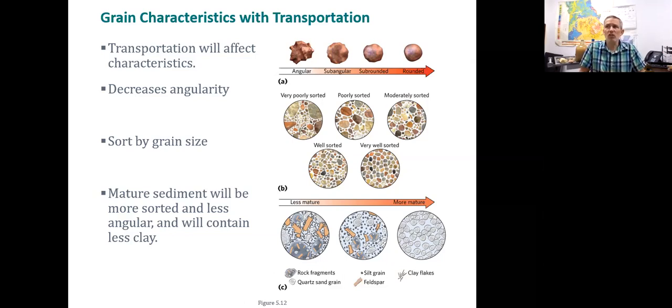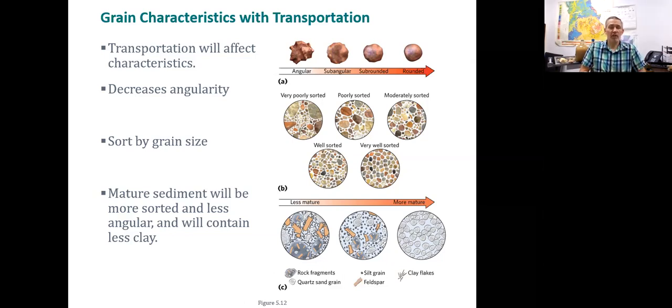One application is if we're trying to figure out where the source of this material is. Let's say this piece of material was a bit of gold, and we want to know how far upstream we have to go to find the source of this gold. Well, if it was really well rounded, we would know it traveled further than if it was very angular chunks.